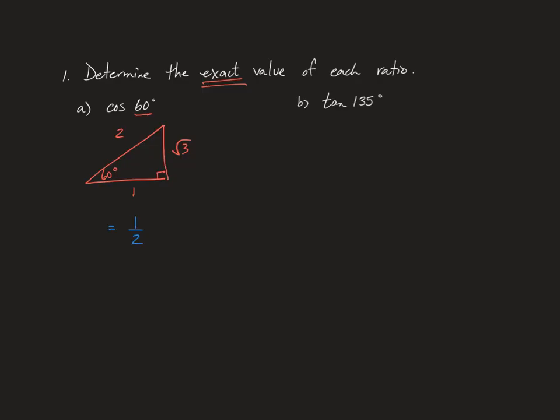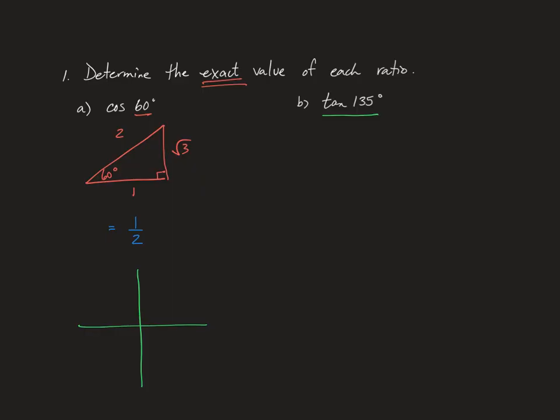So if I was to tackle A all over again, I could produce a quick set of axes. Why am I doing this? Because when I take a look at problem B, it's very difficult to draw a right triangle that has an angle of 135 degrees in it. In fact, it's impossible. So I need another method to deal with that.